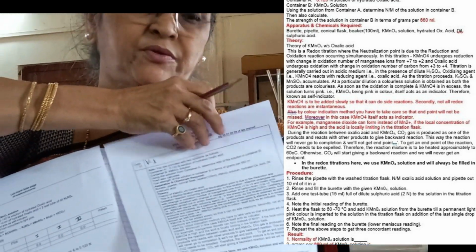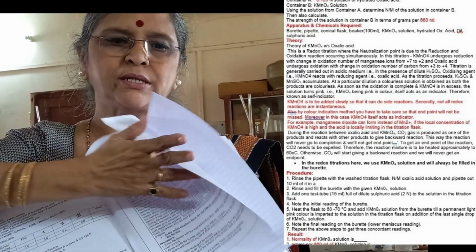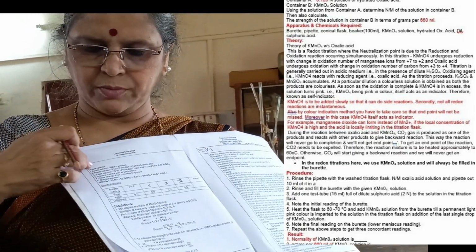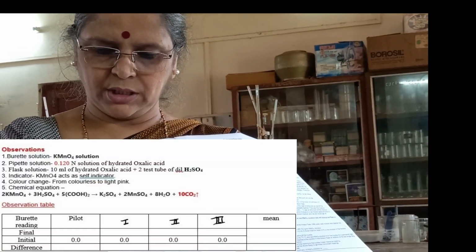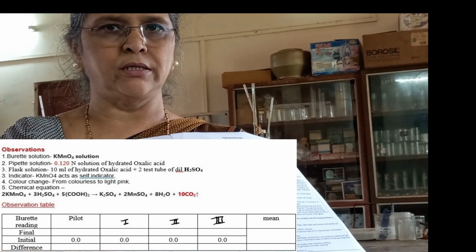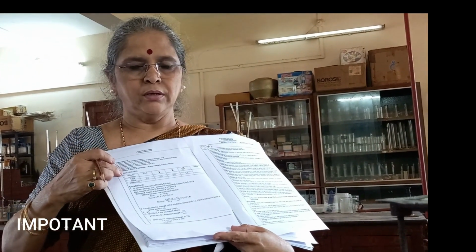Suppose this page is not sufficient, then you turn the page and on the right hand side you continue writing, and the result should be at the bottom of the page. Left hand side is the observations, then the observation table, this tabular column, then below that you do the calculations. Now don't enter the reading directly into the tabular column.